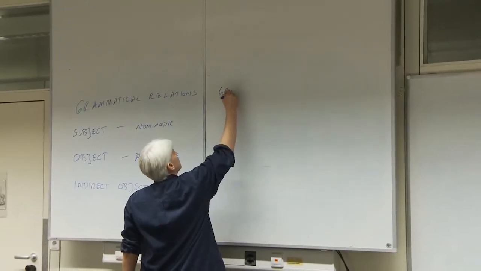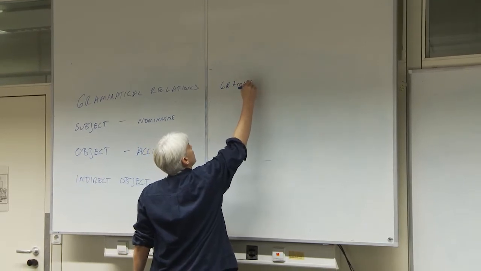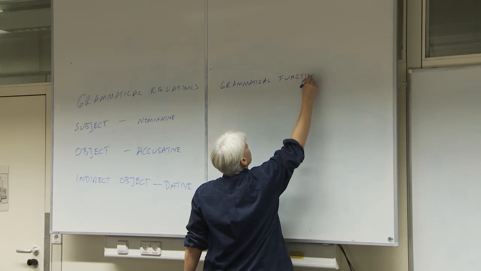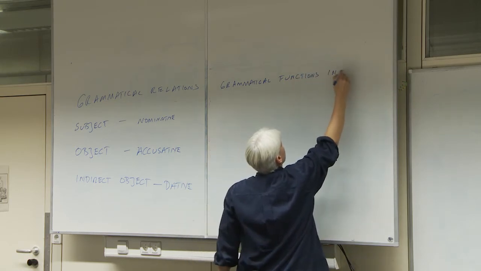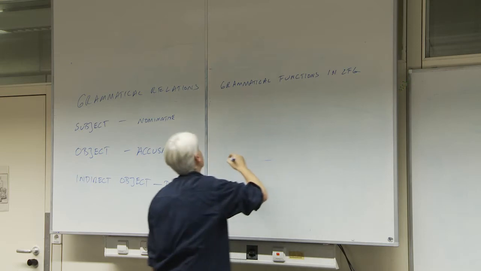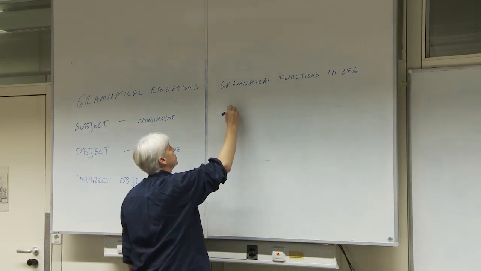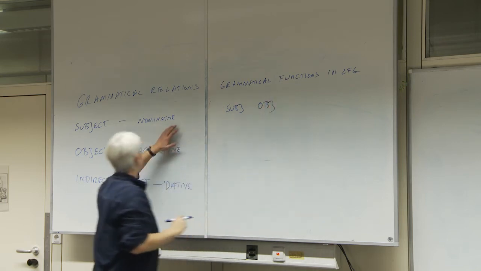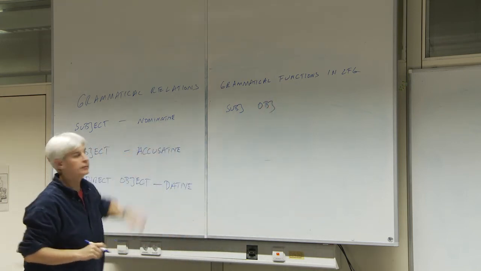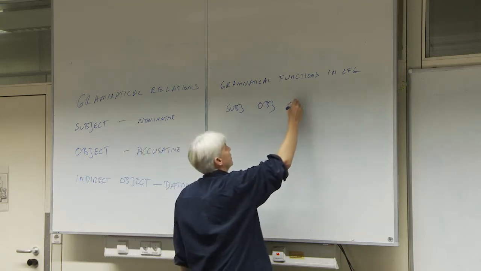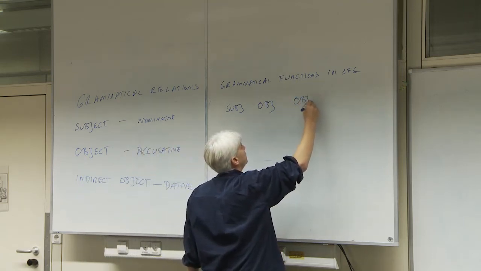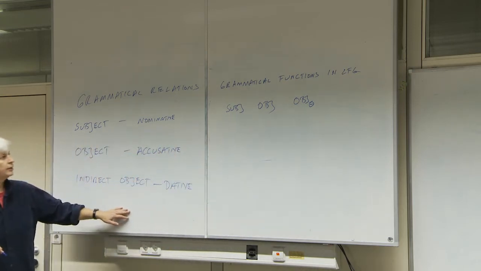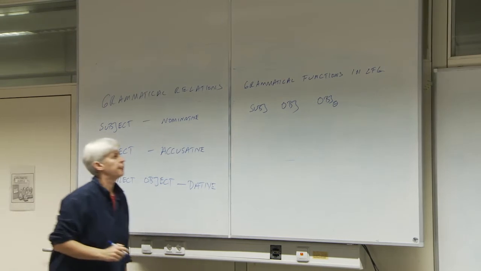Grammatical functions in LFG: we have subject, object, and those are basically like these two. Then we have something called object theta, and that covers the concept of an indirect object plus other things.